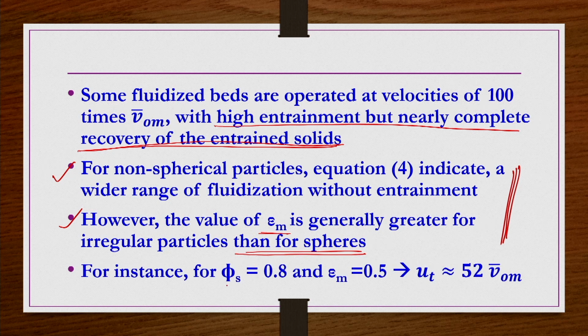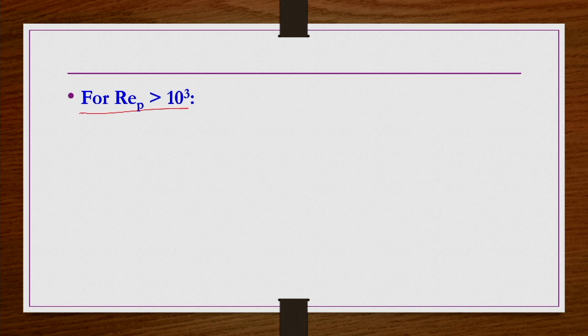So, for instance, if you have a non-spherical particle with a shape factor 0.8 and a minimum voidage epsilon m at the minimum fluidization conditions, then ut by U_mf is going to be 52, slightly more than the spherical particle case, where using epsilon m 0.45 we got this ratio as 50. But here, for irregular particles with a slightly higher voidage, it comes out to be 52, slightly higher than the spherical particle conditions.